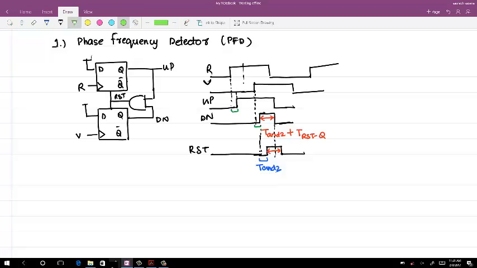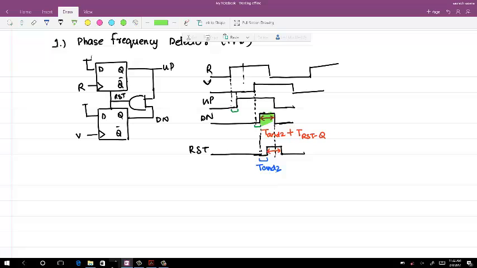So what you see is that even without explicitly adding any overlap time, I am still having an overlap time between up and down. The only question is whether this overlap time is enough for my switches to switch on.